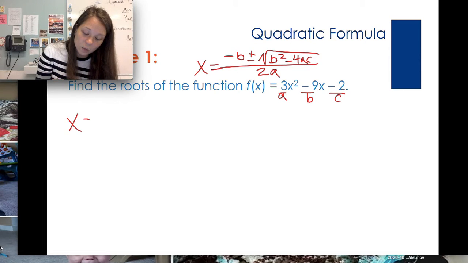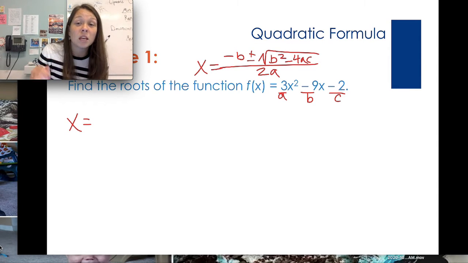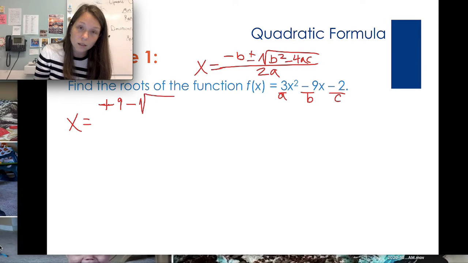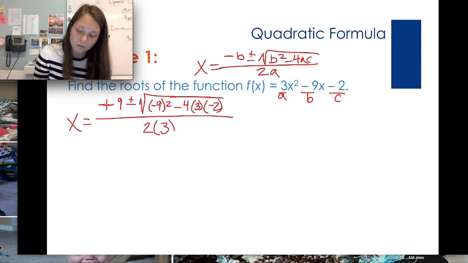So plugging this in, we get x equals negative b. Well, b is negative 9, so I get negative of a negative 9. That's really just positive 9, all right? Plus or minus the square root of b squared, so that's negative 9 squared, minus 4 times a, which is 3, times c, which is negative 2, all divided by 2 times a, which is 3.